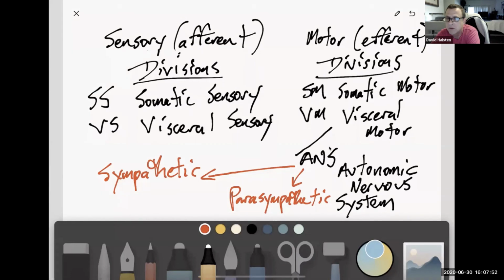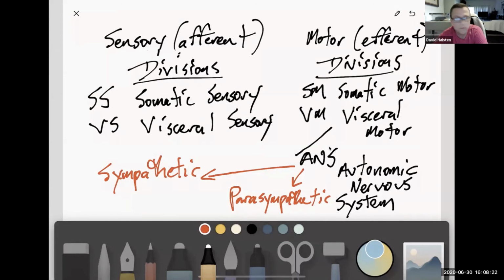It is a motor division. It is not a sensory division. Its target is smooth muscle and glands. The somatic motor division's target is skeletal muscle. So the motor response for SM is skeletal muscle, and that's it. VM targets smooth muscle, cardiac muscle, and glands.